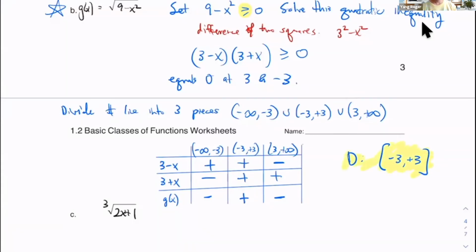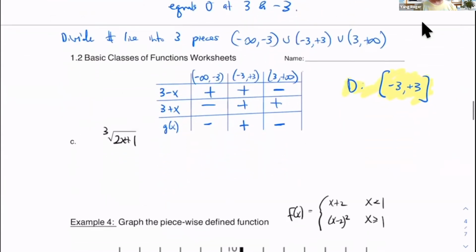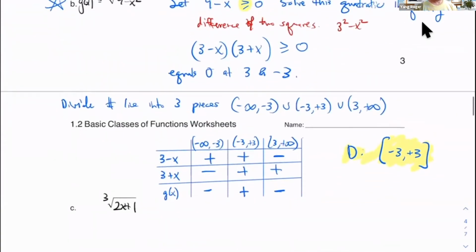Does that make sense to everybody? Any questions? All right. So this method that I outlined, where I take something, I look at the different factors, I split the real number line up into different pieces, and I see what happens to each of the factors.